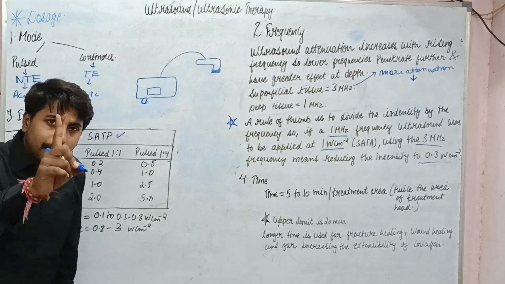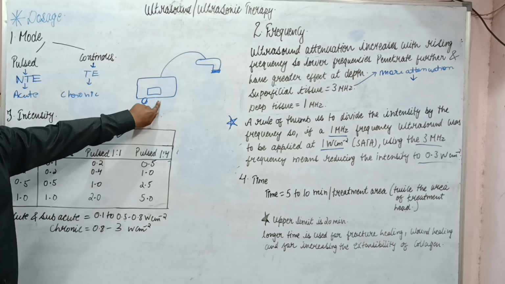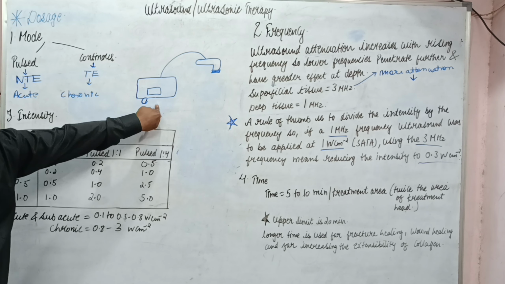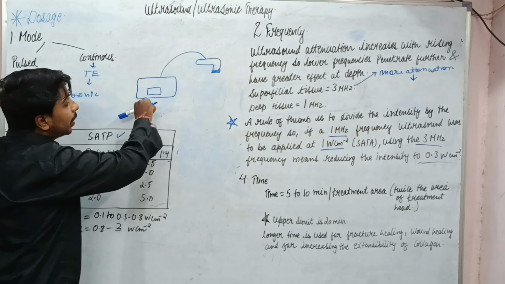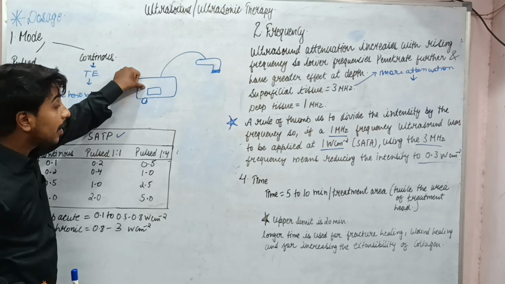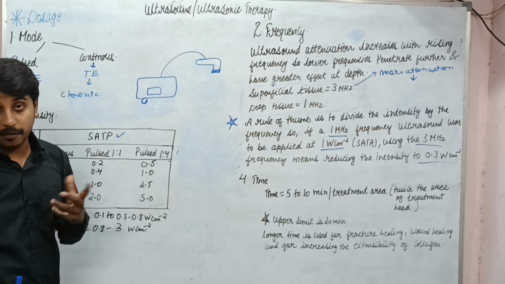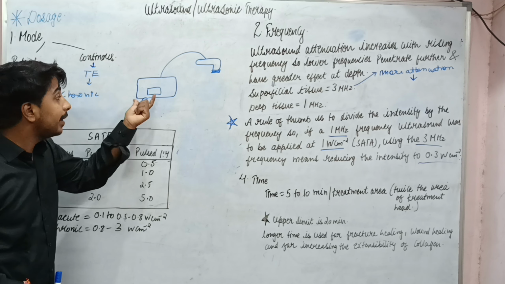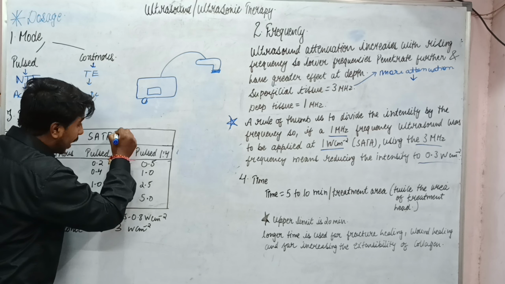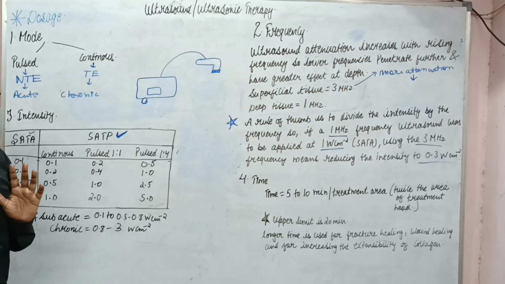You need to understand one main thing. The value which you can see on the display of ultrasound, that is when you will turn this knob and try to increase the intensity, definitely some value will be showing on this display. Yes, definitely it will be showing, sir. And this value is the value of SATP.